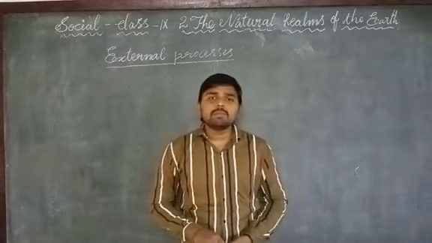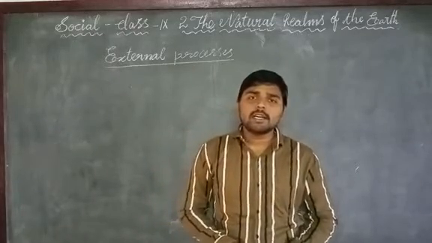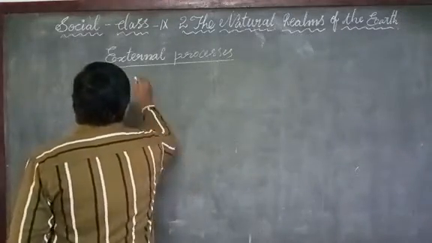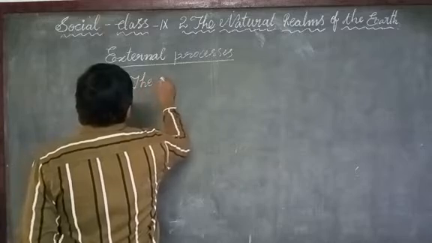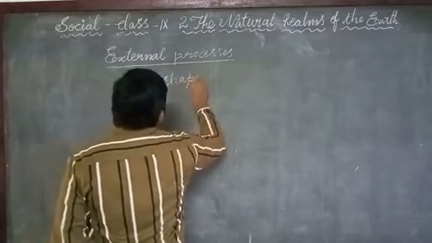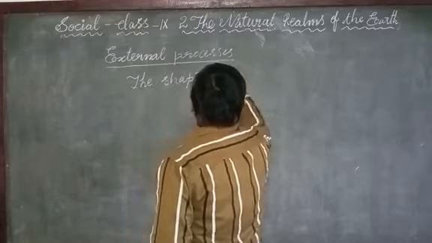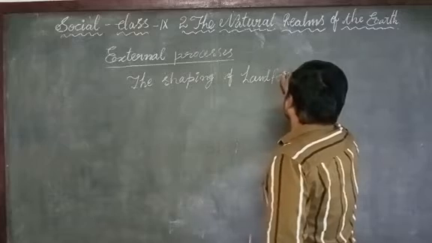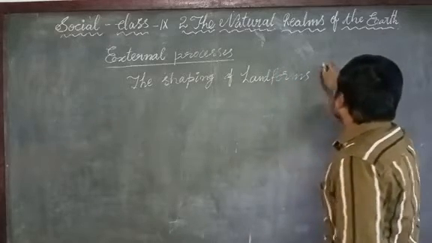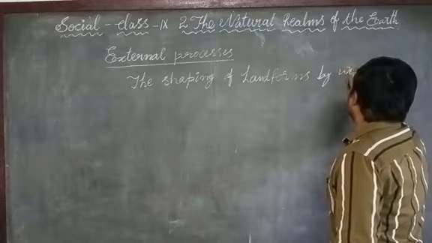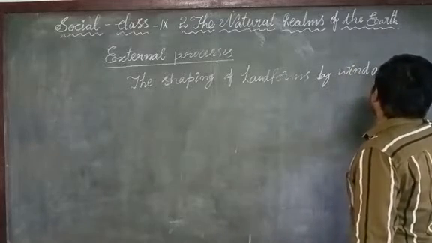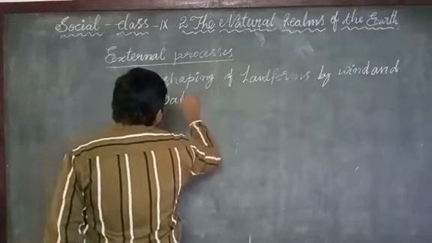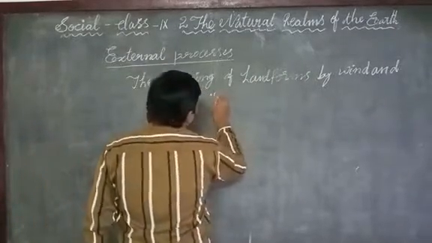The shaping of landforms by water and wind, those are called the third order landforms.